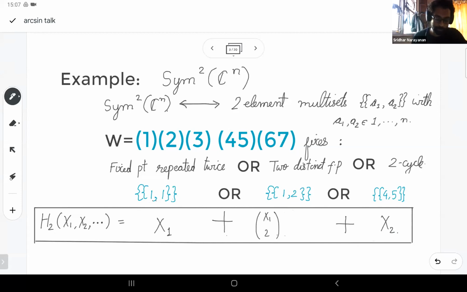So what we've done is we've considered a general permutation with x1 1 cycles, x2 2 cycles, etc., and found the number of multisets that are fixed by it, right? So this polynomial, which we call the character polynomial of Sym^2 C^n, we denote by h2. And in general, we will denote the character polynomial of Sym^k C^n by hk. I hope this example is clear.